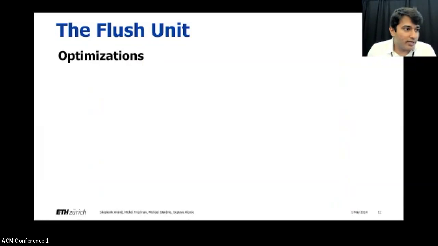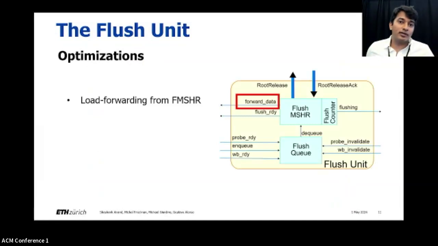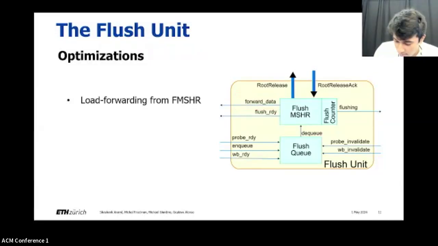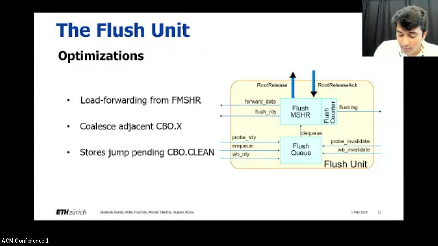Some hardware optimizations that we implemented as part of designing the flush unit were, one, any loads that come in that have outstanding data in the flush MSHRs are allowed to forward this data from the FMSHRs without having to wait for the flushes to complete. We coalesce adjacent CBO clean or CBO flush instructions that are right after each other in program order. And additionally, stores are allowed to jump any pending non-invalidating write back that are outstanding in the flush MSHR.